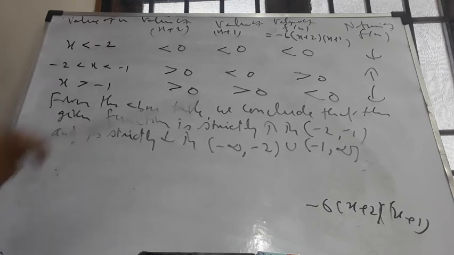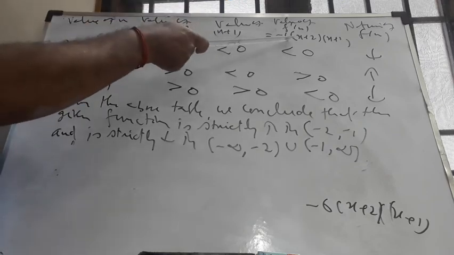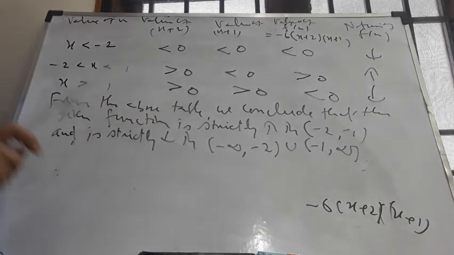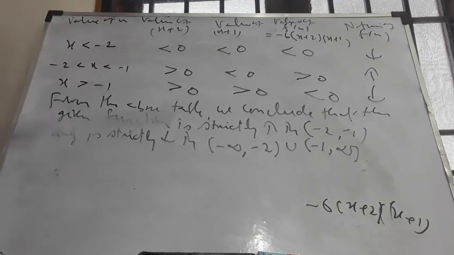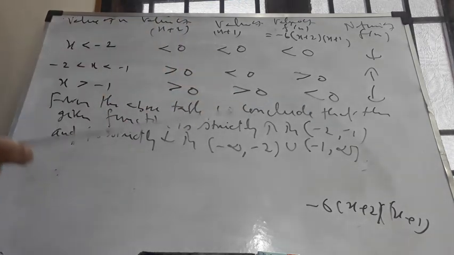Remember carefully, if you forget to use this negative sign, we will conclude decreasing here and increasing in these two places. Therefore, my answer is totally different. The answer is wrong, and I will be given simply 0 for that answer. If you forget to use the negative sign, wherever we concluded increasing, it will originally be decreasing.